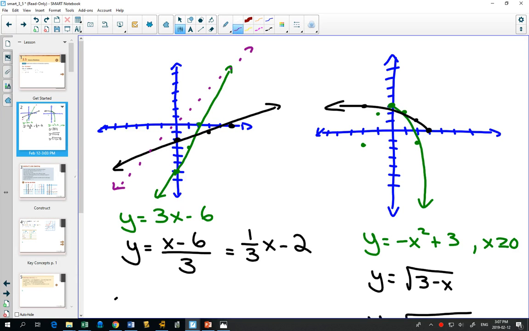Does this one look like it's been reflected over the line y equals x? Yes. If you look at specific points, we have (0, 3) on the green one. We have (3, 0) on the black one. Our x and y values have been switched. So we can see graphically that these ones were inverses of each other.